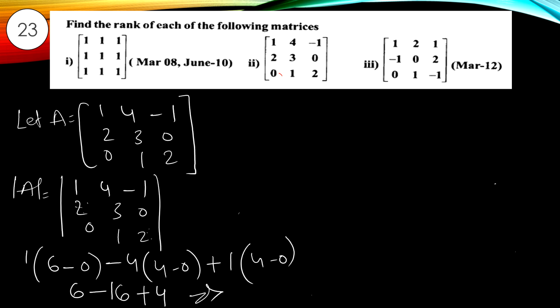Here minus 1 is there, right? So minus 1 into 4 minus 0 is minus 4. So finally 6 minus 4, so 2 minus 16 is equal to minus 14.